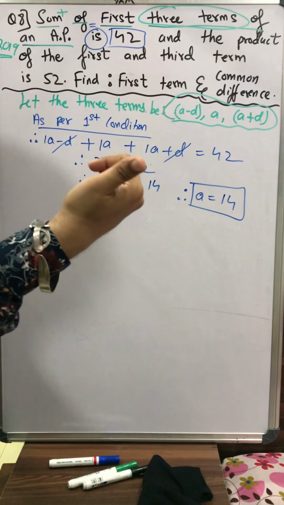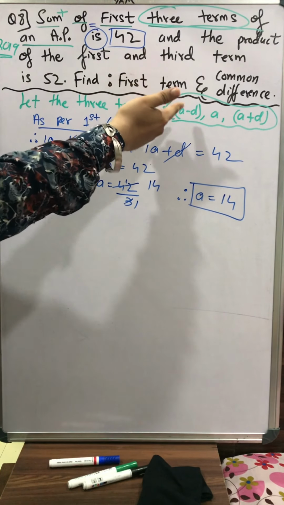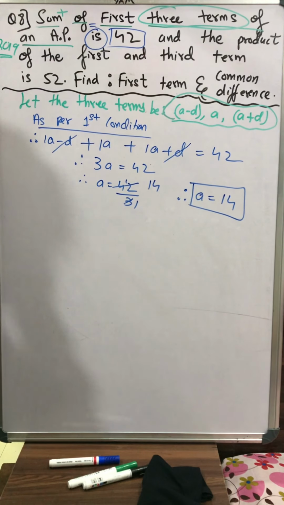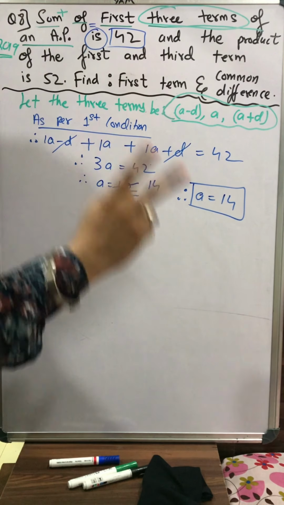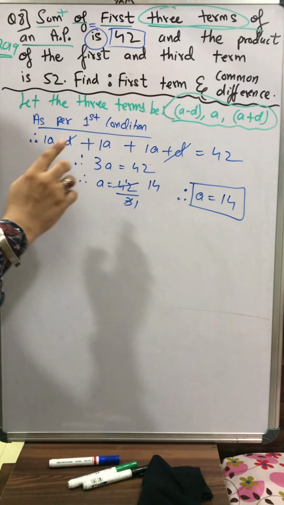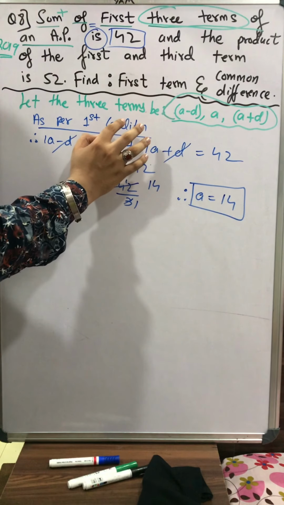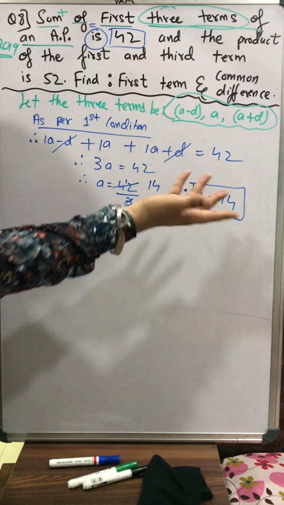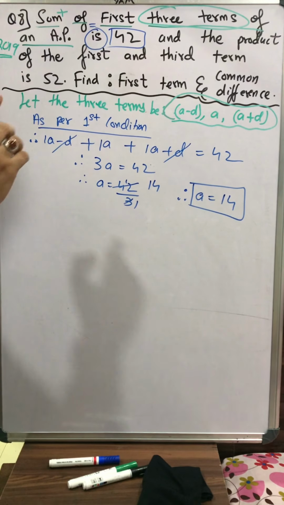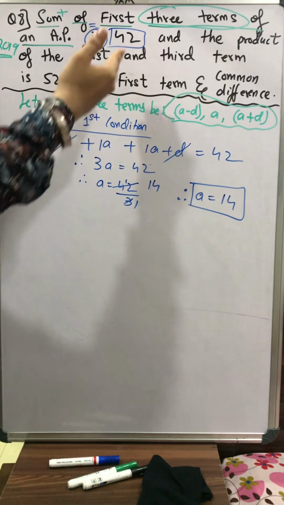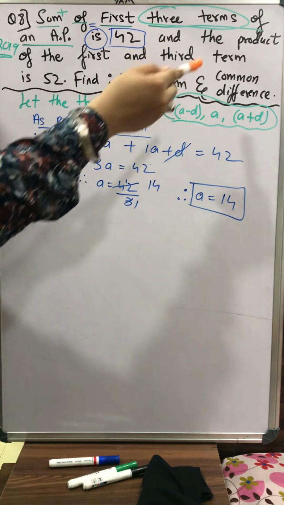If we get to know a and d, then easily we can find these three terms. So to find two unknowns, a and d in our case, we should have two conditions. We utilized the first condition, formed an equation, and got the answer for the first unknown. Now there must be a second condition to proceed with d.